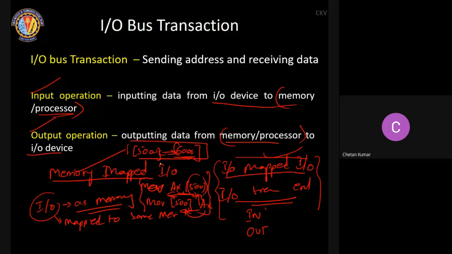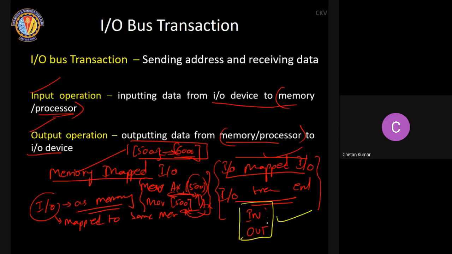Some processors use memory mapped IO, some processors use IO mapped IO, and in that case they use instructions like IN and OUT. IN is basically you take the input from the IO device, and OUT is basically you send the data from the processor as output to your IO device. These are separate instructions. If you search for these instructions in 8086, you will get them.